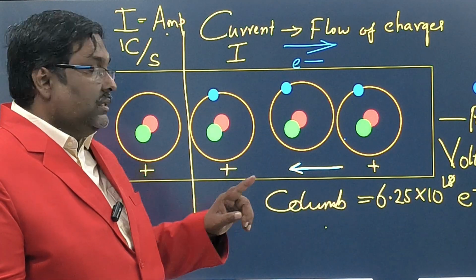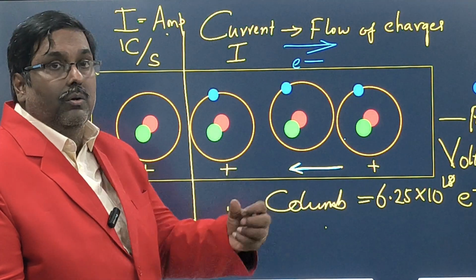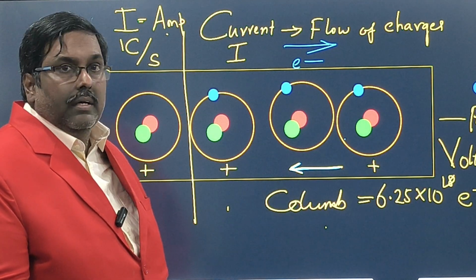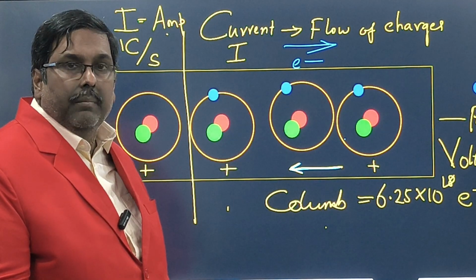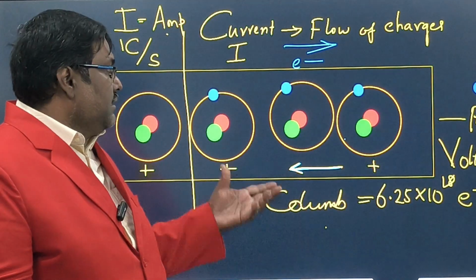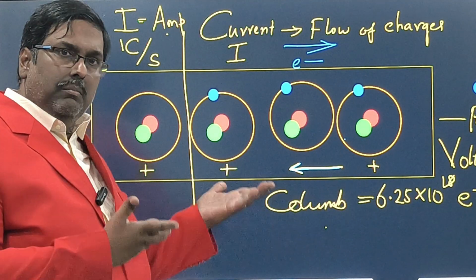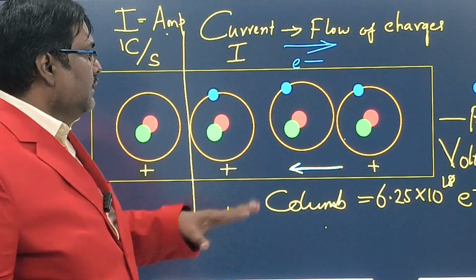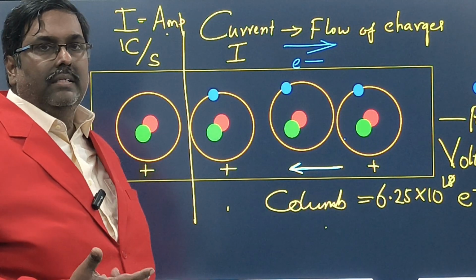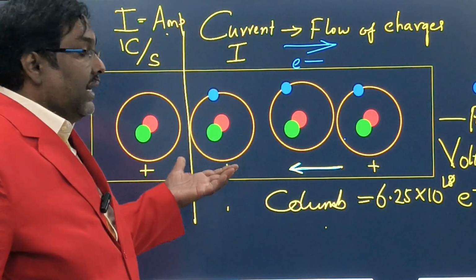These atomic structures are very important basics we should know. There is still more depth, but we don't need it. This is enough to easily understand how a conductor works.